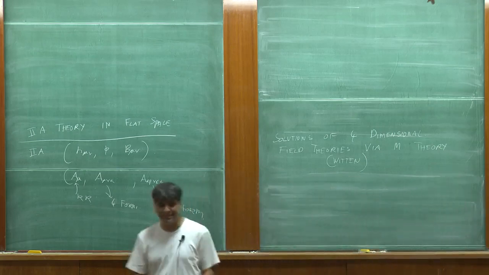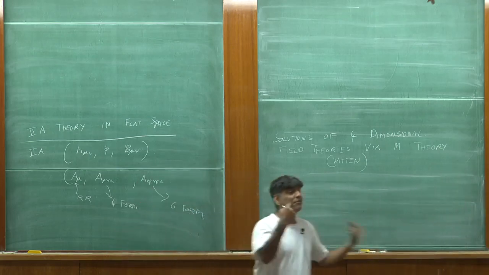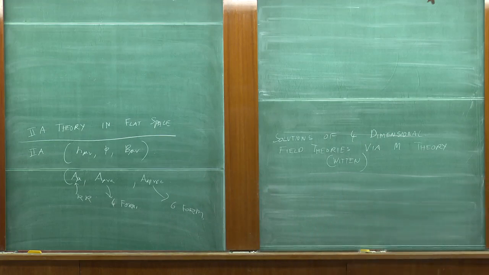The Ramond sector has spacetime fermions, and we're looking at the Ramond-Ramond sector. So left would be spacetime fermions, right would be spacetime fermions. So it's the fact that when you take spinor times spinor, you get forms. And that's where this is coming from.